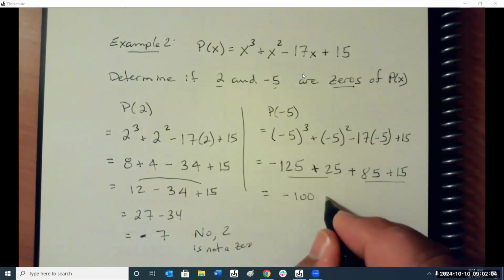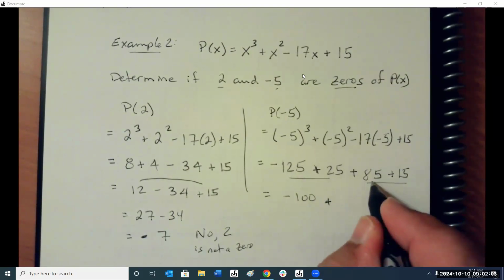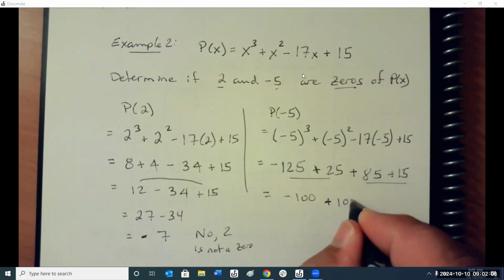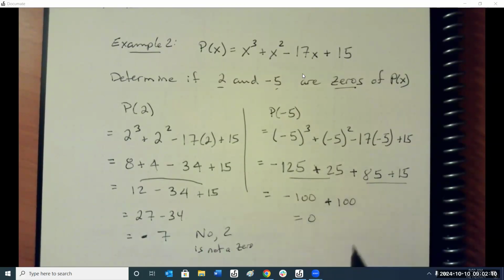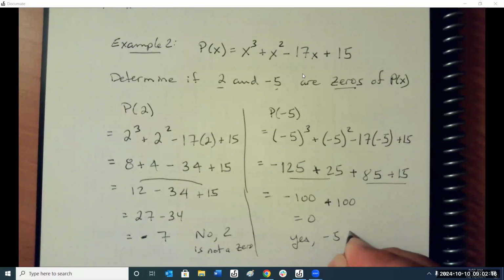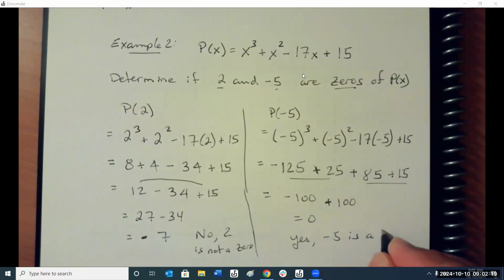And then these two are positives. 85 plus 15 is 100. So yes, -5 is a 0 of the polynomial p of x.